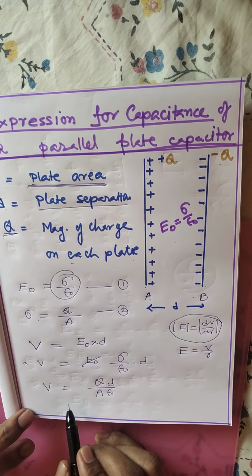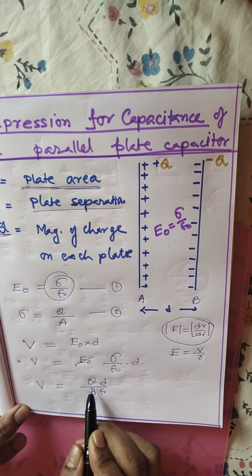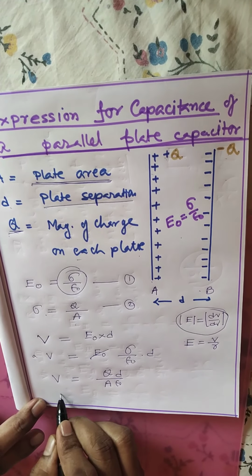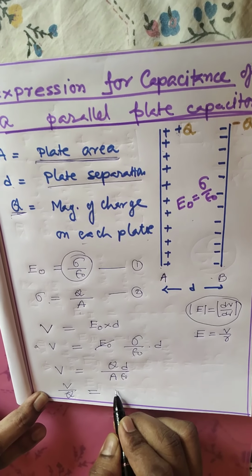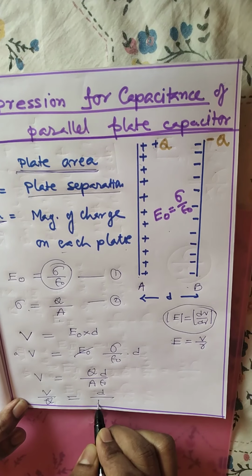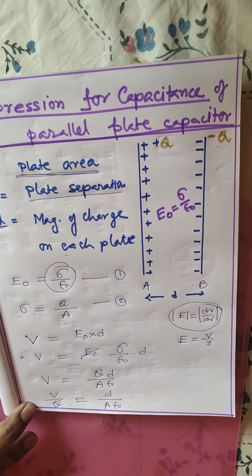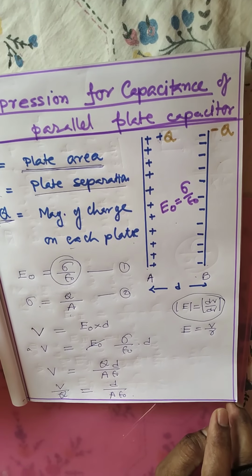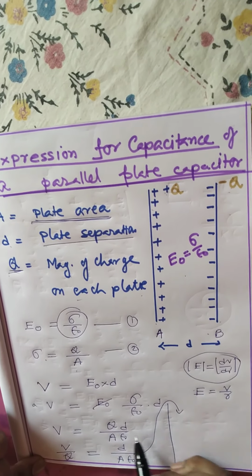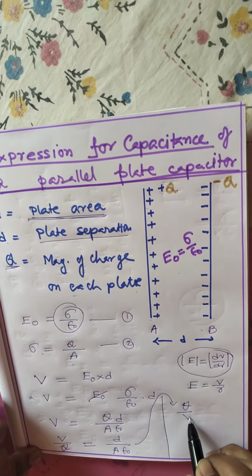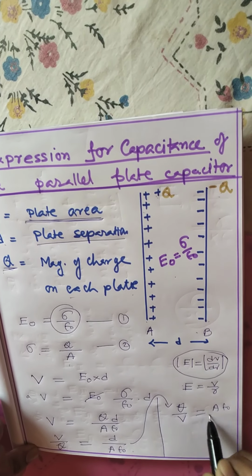Now let us rearrange this. Let us write V by Q. V by Q will be equal to d by A epsilon naught. Okay. Let us proceed. Yes, here Q by V is equal to A epsilon naught by d.